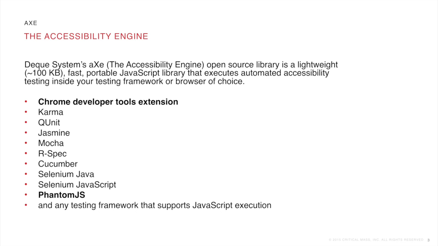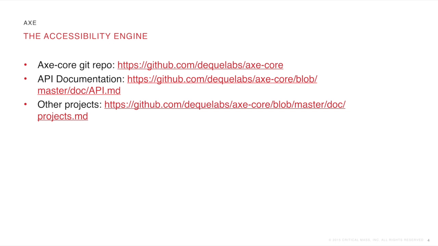There is also a Chrome developer tool, which we saw on the NPR screen, and I'm going to show you the PhantomJS implementation. This is a list of all the different tools that Axe core, as it's called, can be plugged into. It's really neat. And again, I'm not getting paid for this.